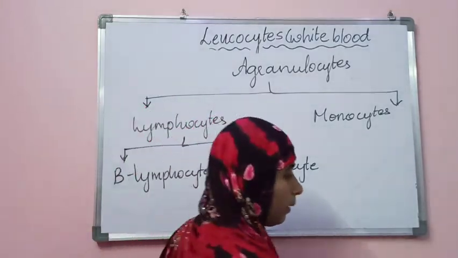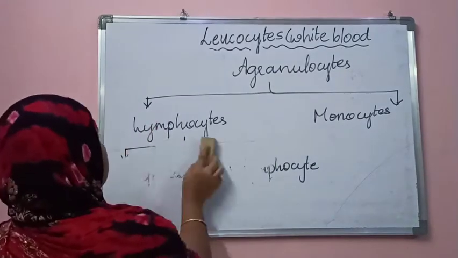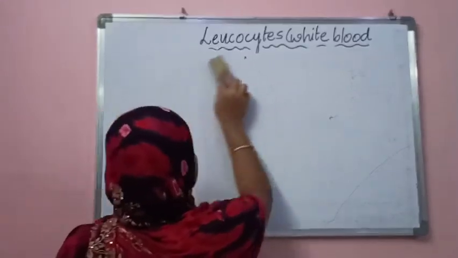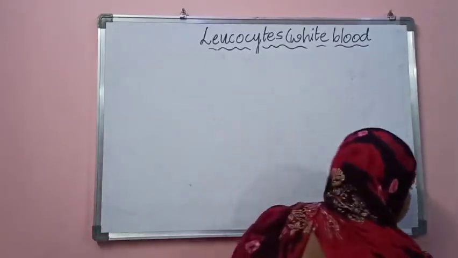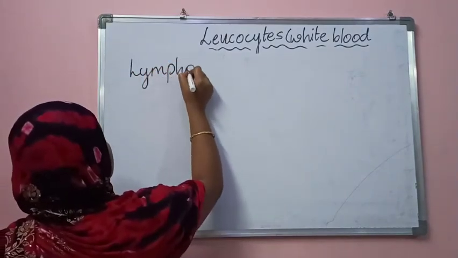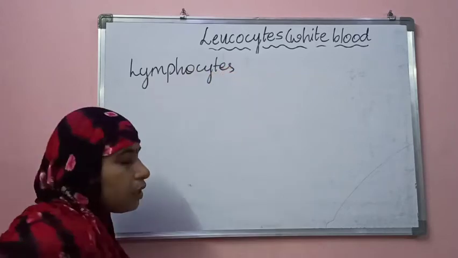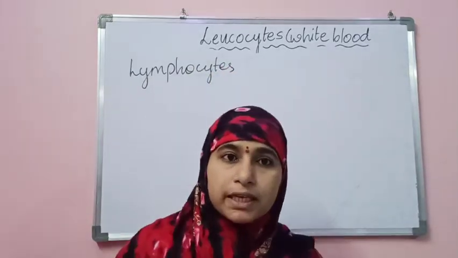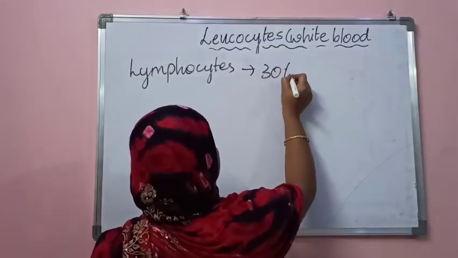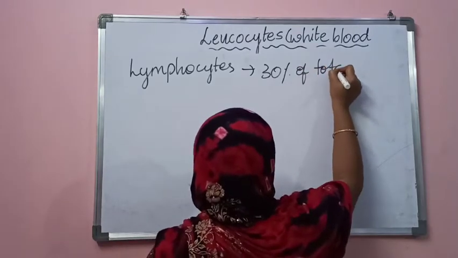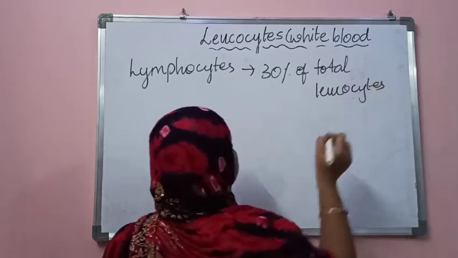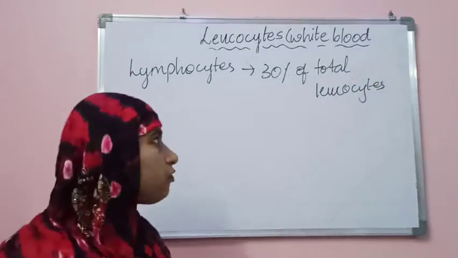Now let us learn about the lymphocytes in detail. How much percent of the total number of leukocytes will be lymphocytes? Only 30% of the leukocytes will be lymphocytes.